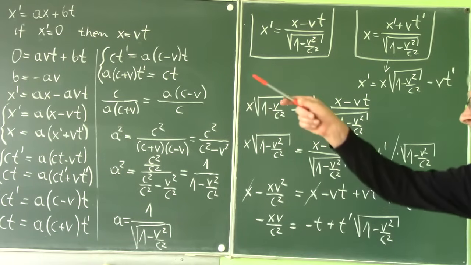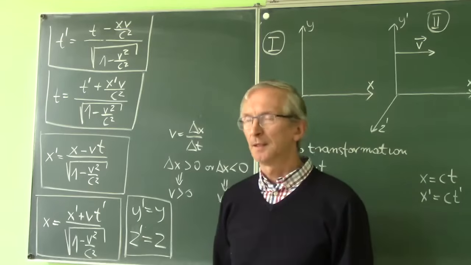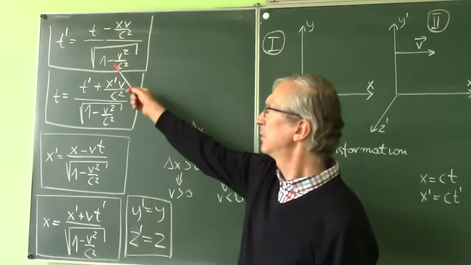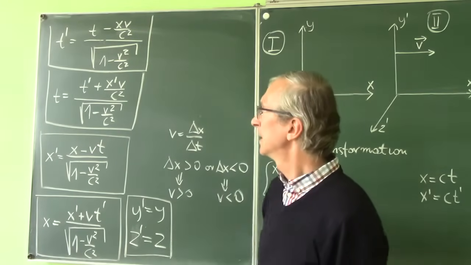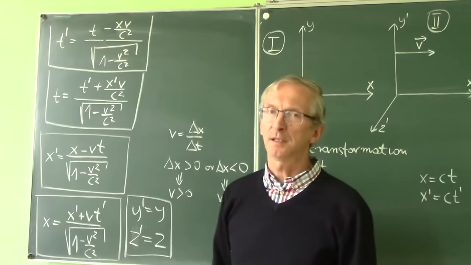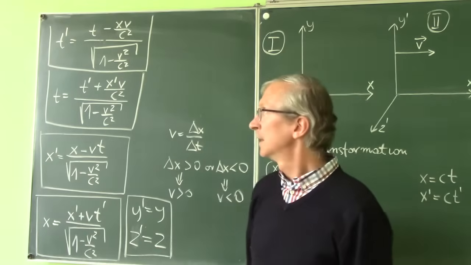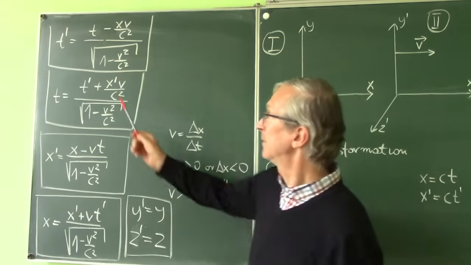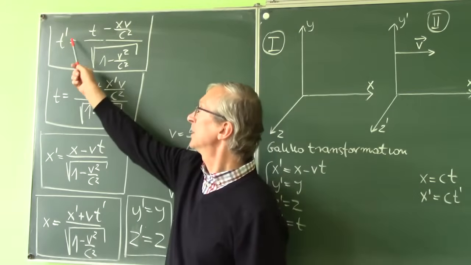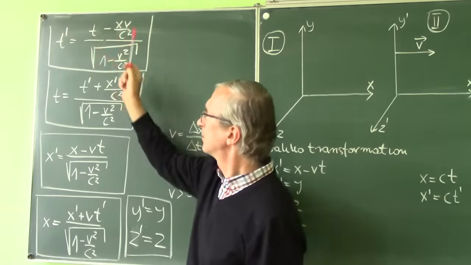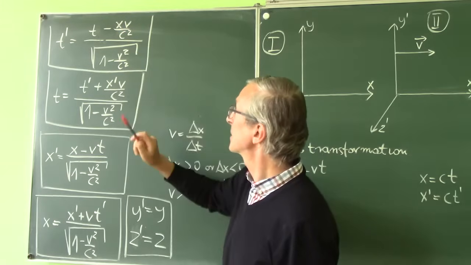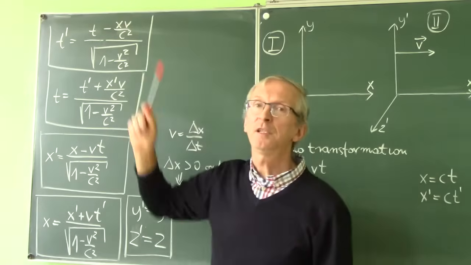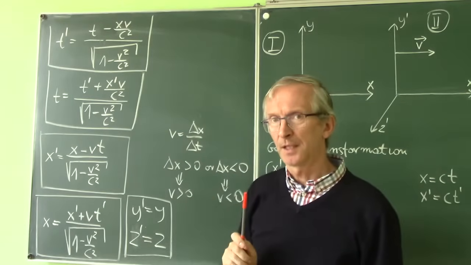But it's done here: we calculated t dash from the previous equation, and to find the inverse transformation, we just change in this equation t dash to t, t to t dash, x to x dash, and v to minus v.